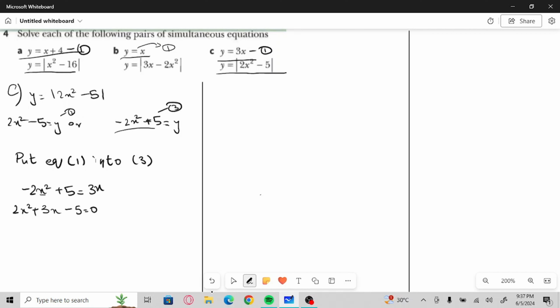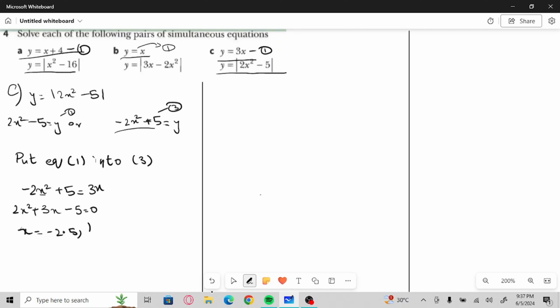Okay, and just input this into the calculator, and for this specific equation you will get x equals negative 2.5 and 1.